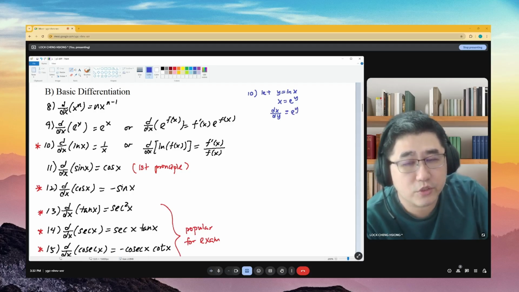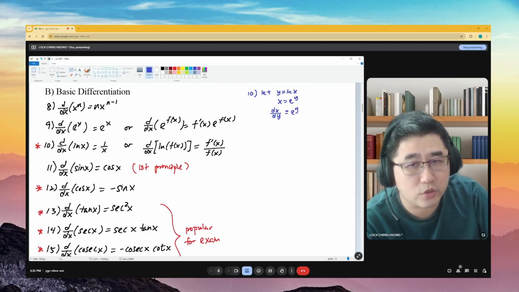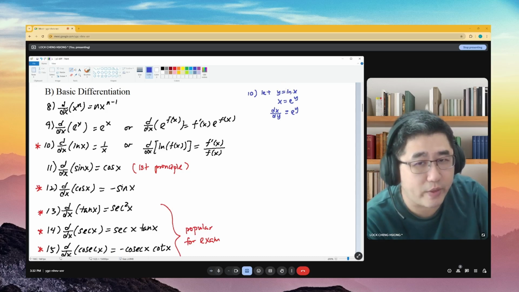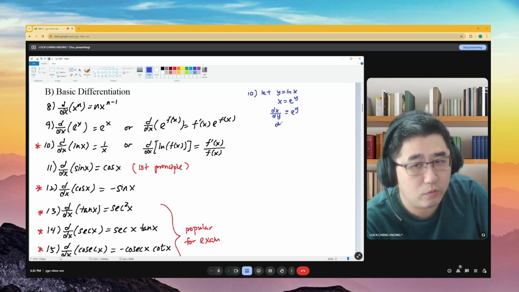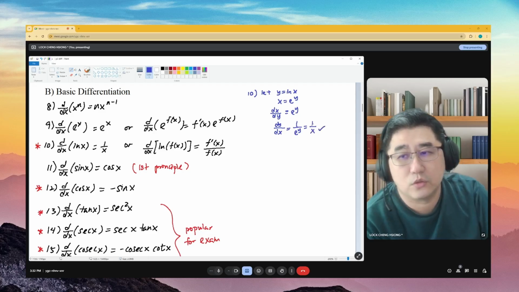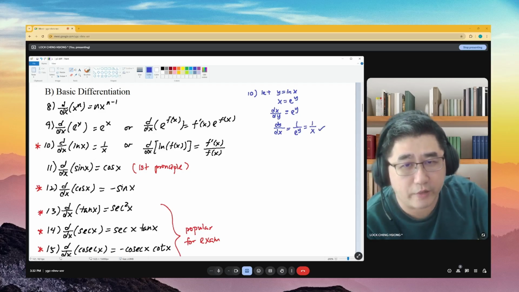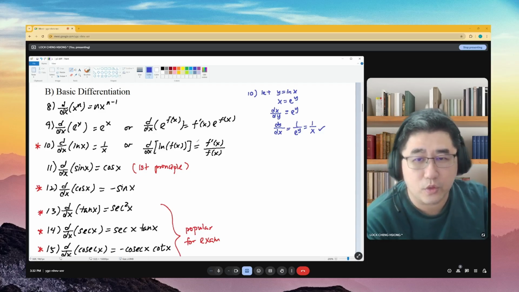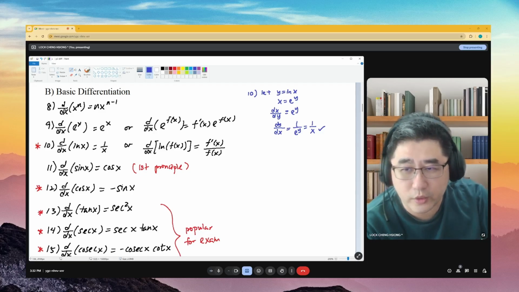The original question is in the form y equals ln x, so what I'm trying to get is dy/dx. So I flip them upside down, and I get 1 over e^y. So e^y earlier is x, isn't it? So I have 1 over x. So this is how we get rule 10. Okay, so next one, rule 12.